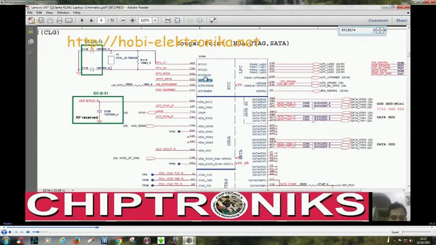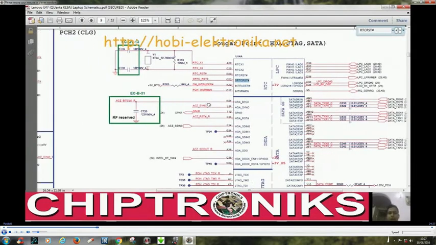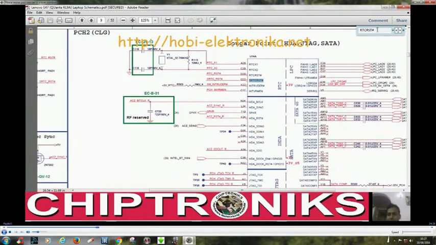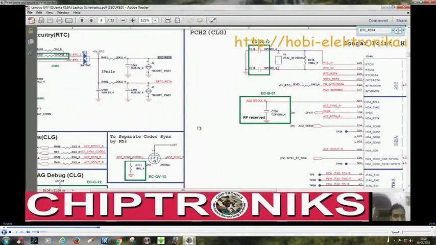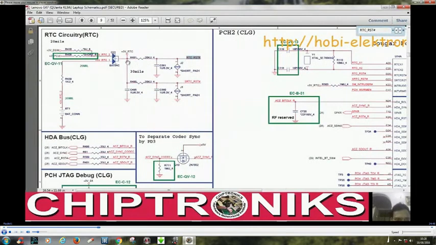RTC reset and SRTC reset, we had already discussed all of this in our previous class, how this RTC reset is connected with RTC RST has. You can see over here, this is connected with RTC RST has. From where it is coming, you can see this is coming from the RTC battery.